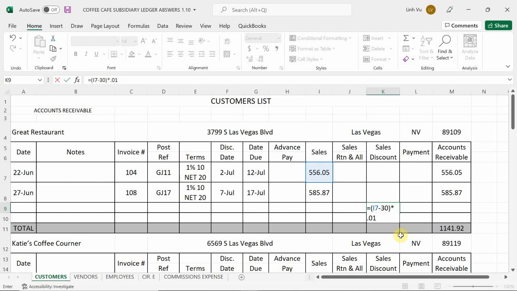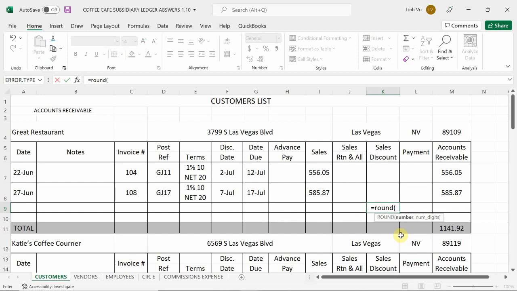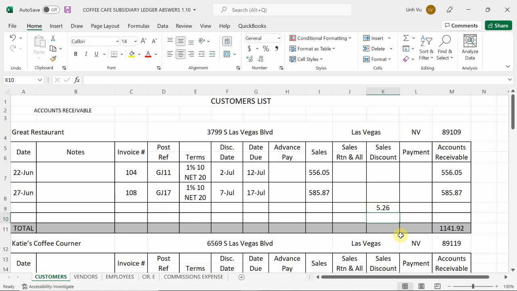I forgot to do the equal round. So you take the 526.05 times the 0.01 to get a $5.26 discount. So how much should I actually be receiving from Great Restaurant?